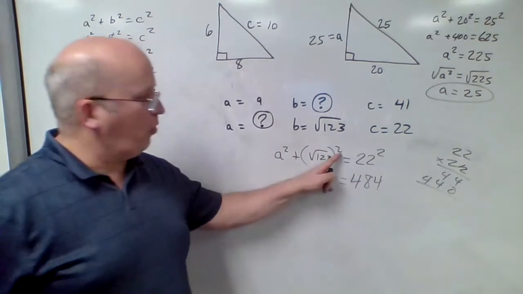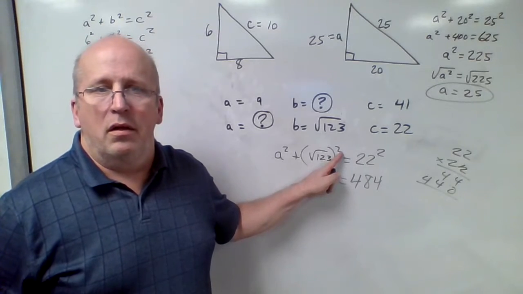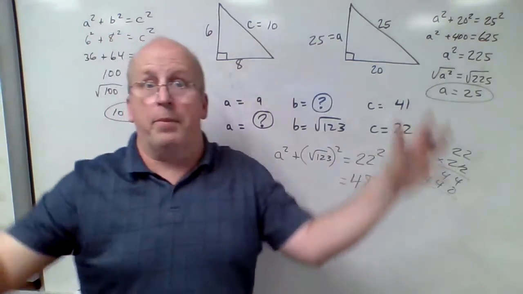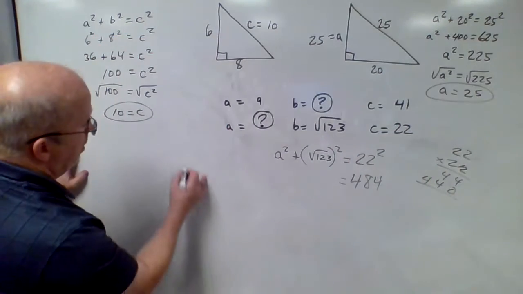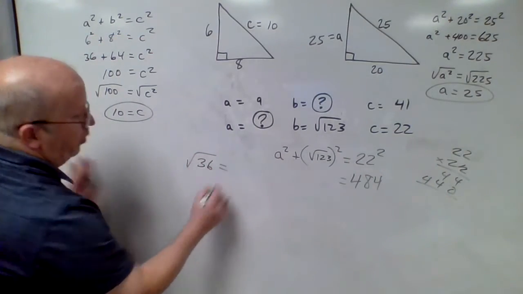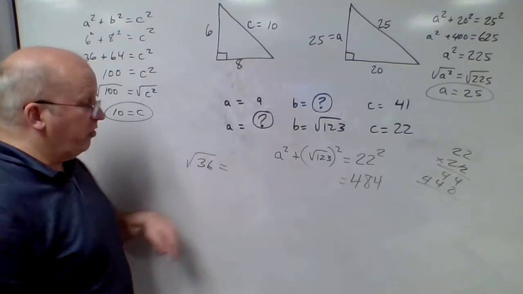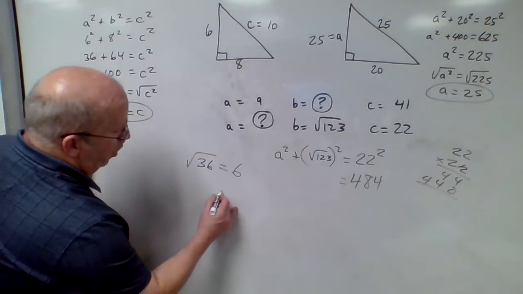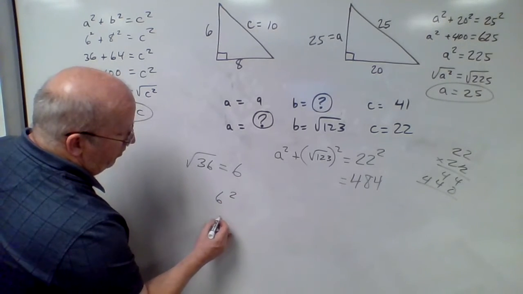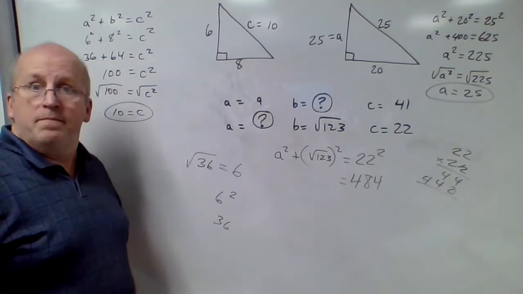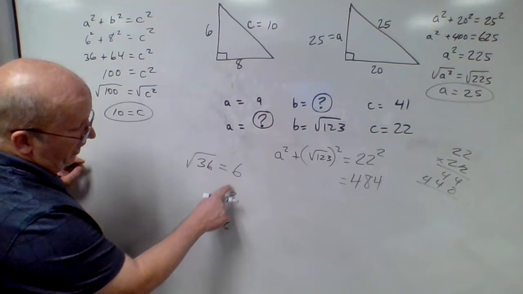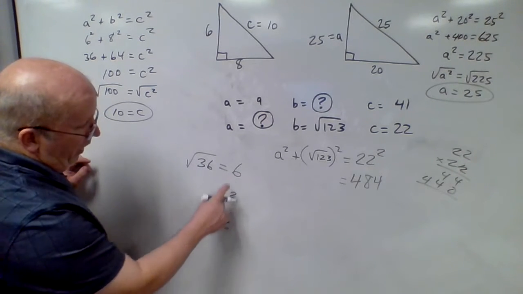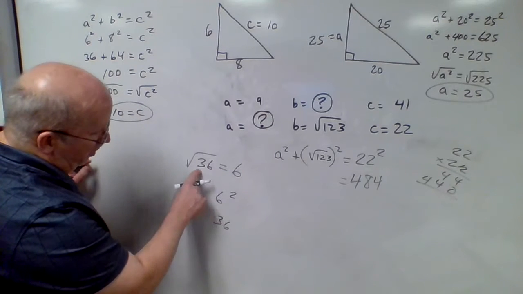But how do we square the square root of something? Well, let's do a simpler problem first. If I said to you, what's the square root of 36? You'd say it's 6, right? And if I said to you, what is 6 squared? You'd say that's 36, wouldn't you? So if I take this 6 and I square it, I get 36. But this is equal to this.